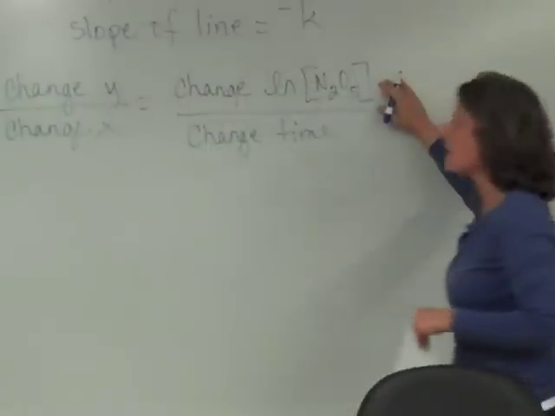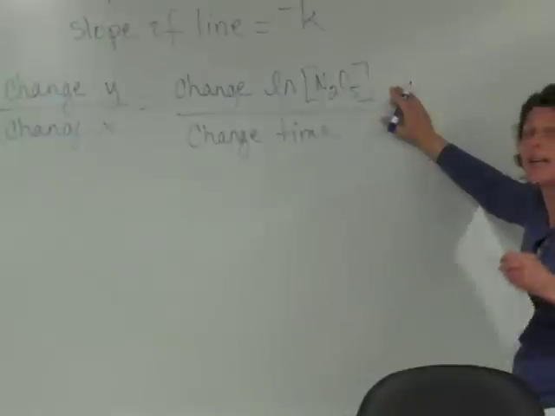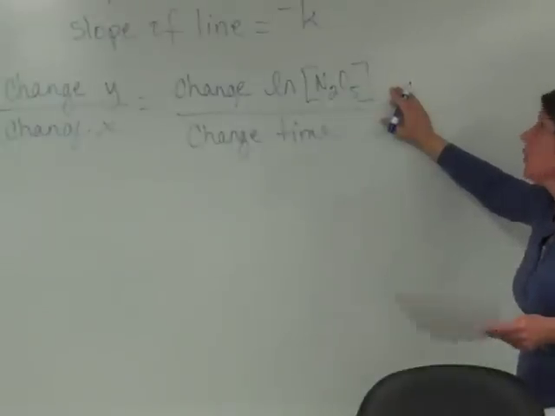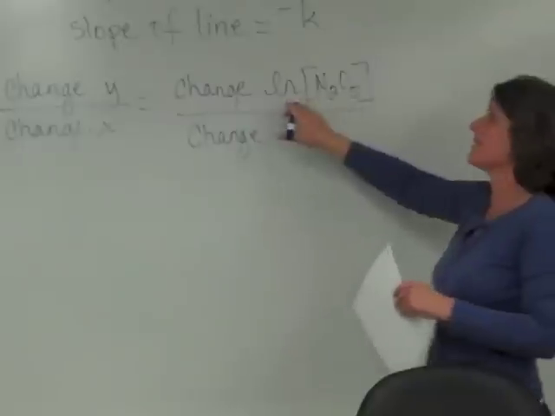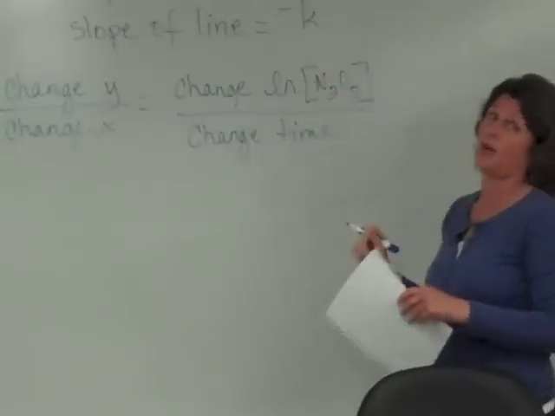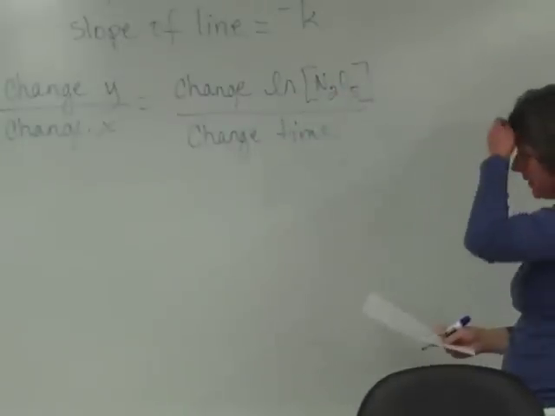Right? Because the natural log of the concentration is what gave us the straight line. We certainly can't just plug in concentration here. It has to be the natural log of concentration. All right.